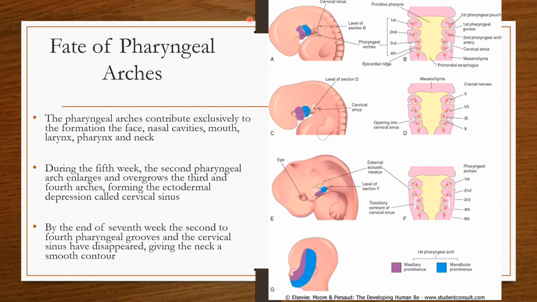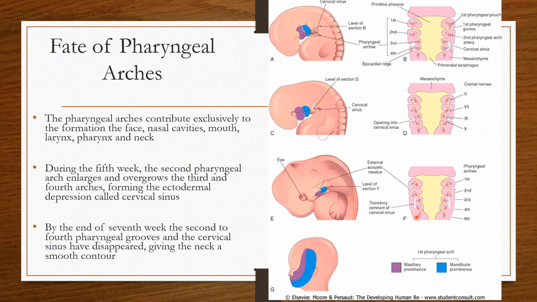So what is the fate of the pharyngeal arch? This is very important. The pharyngeal arches contribute exclusively to the formation of the face, the nasal cavity, the mouth, the larynx, pharynx and neck. During the 5th week, the second pharyngeal arch enlarges and overgrows the third and fourth, forming the ectodermal depression called the cervical sinus.